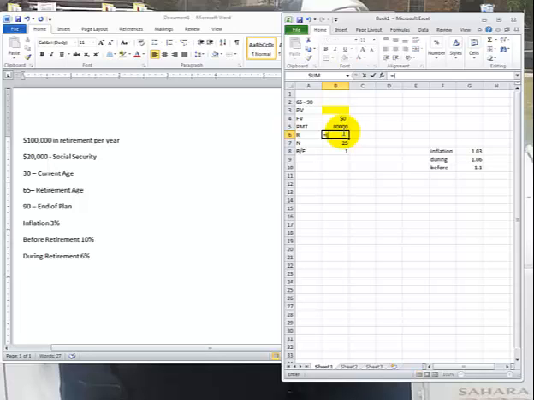So equals, open parentheses, I'm going to do this one because it's during retirement, close parentheses, divided by, I guess you don't have to do the parentheses if you don't want to, but I always do, and we need to do minus 1.